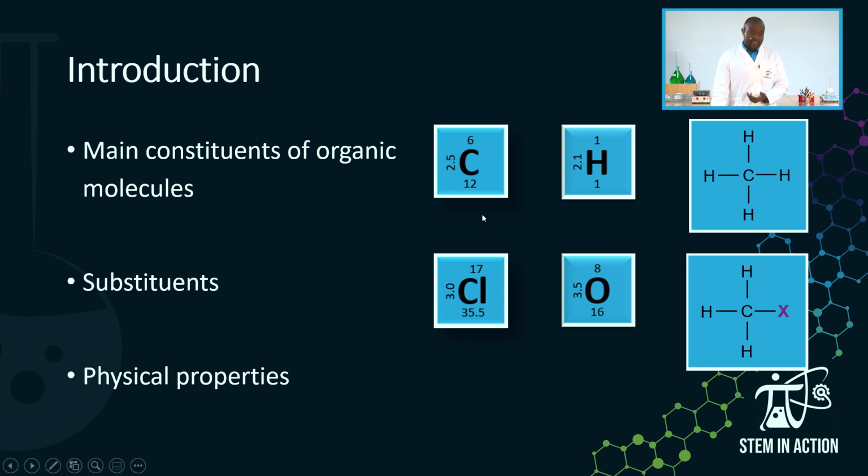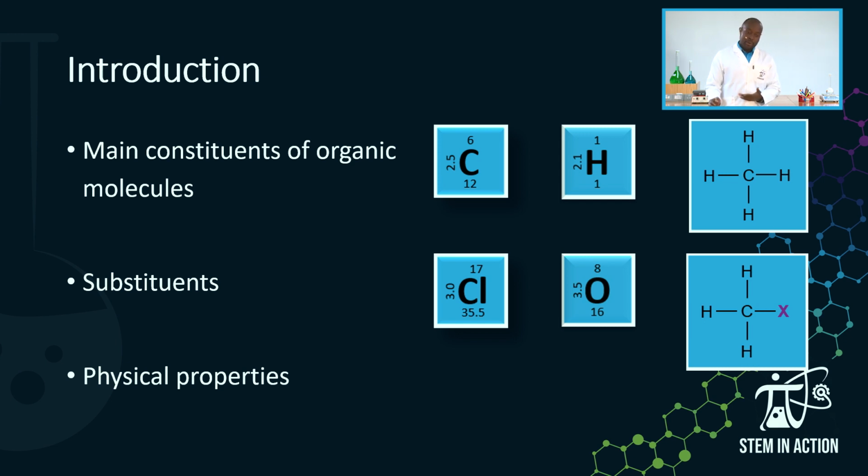Because of that, you get physical properties that are based on the two factors that we have looked at. The first one is that when we have non-polar molecules, the type of intermolecular forces that form between the molecules is going to be the weak van der Waals forces. Whereas if we have a polar bond, we are able to form stronger dipole-dipole forces, such as hydrogen bonding.